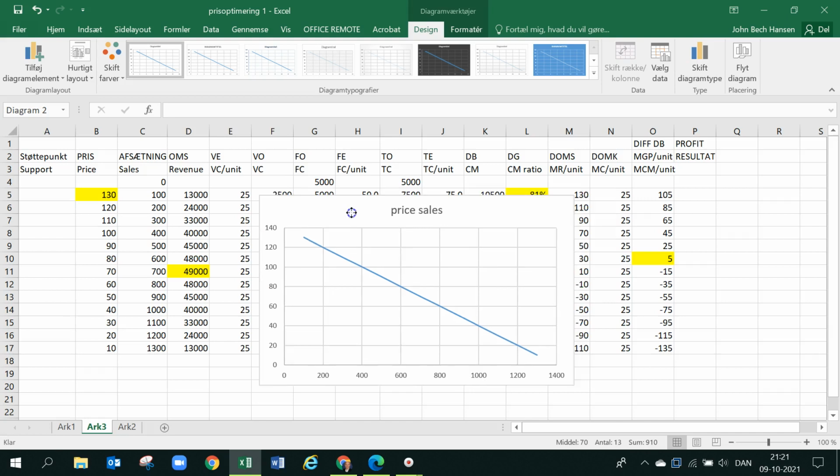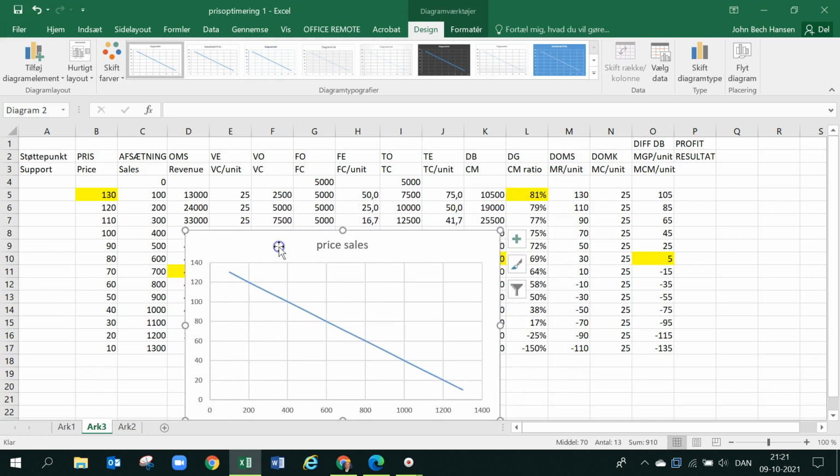So when we look at this one here, we can check to say, well, at a price of 120, we will sell 200 units. So the value is the vertical axis, and the sold units is the horizontal axis.